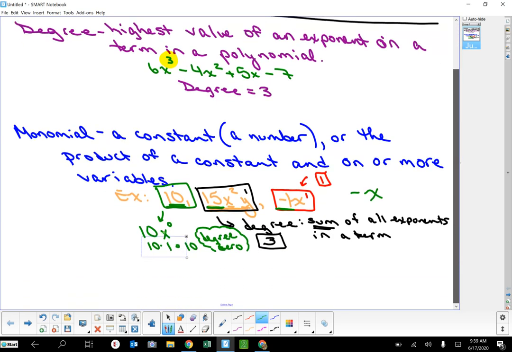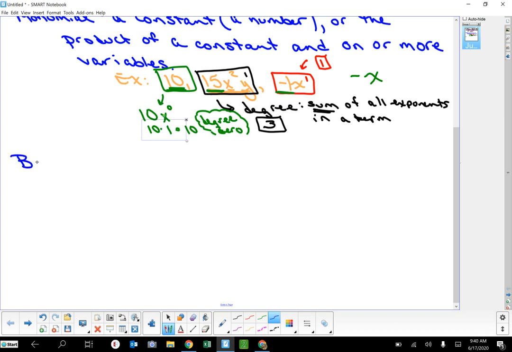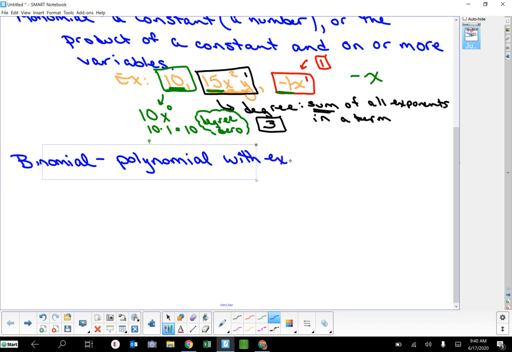All right, let's keep going with some definitions here. A binomial is exactly what it sounds like. Let me switch my color here, get a little bit more space. A binomial is a polynomial with exactly two terms.